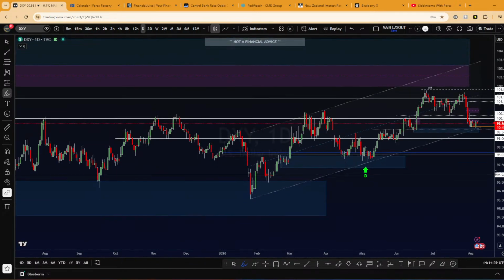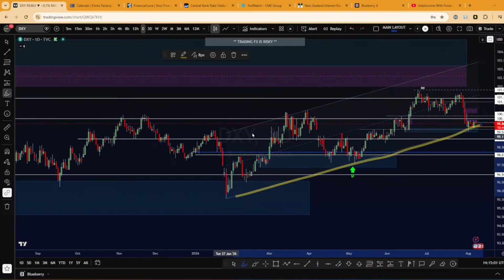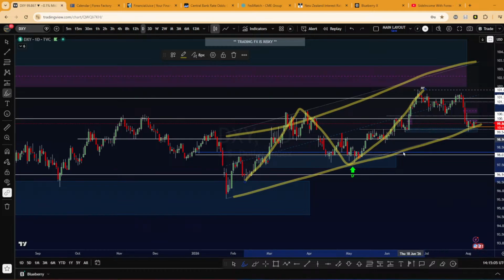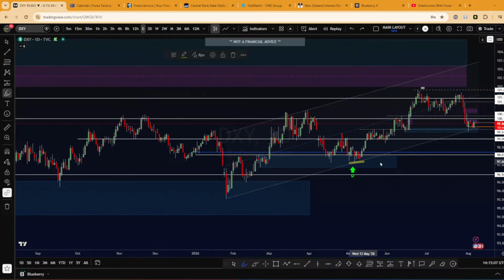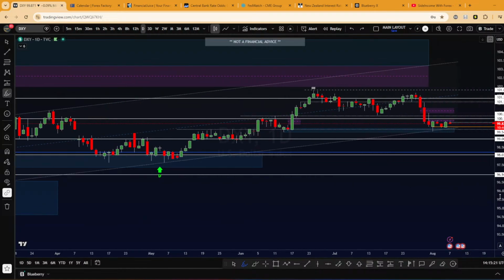On the daily, I marked up this channel here. This is a bullish channel, you see. This is the structure currently. I'm still bullish from this low to this high. What price is currently doing is just hovering around the discount zone. Let me clear and zoom in for you.